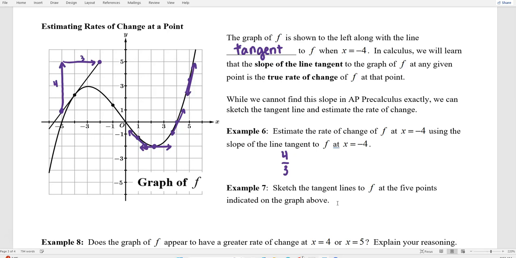Here, something like this. The one I think is kind of hard is this one, because it's almost a straight line at that point anyway, right? So the tangent line is probably going to be almost the same as the line itself. So I think it's a little hard to draw.